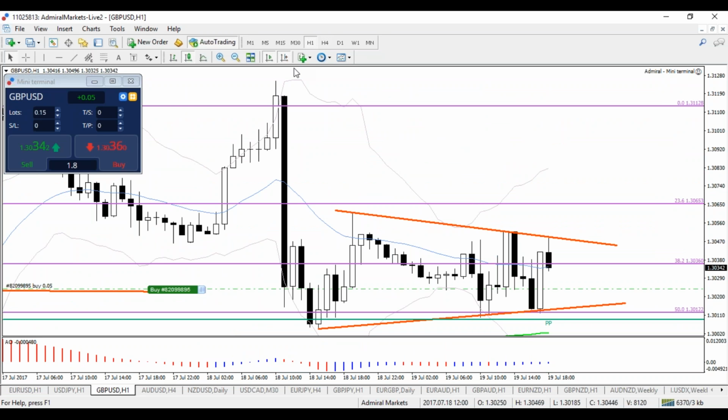Also, the pound is still struggling. If this ends up bearish, I might even consider moving to break even.